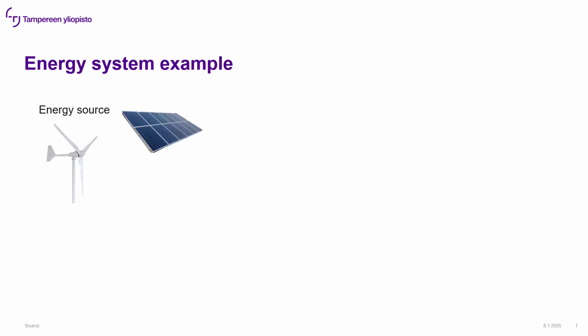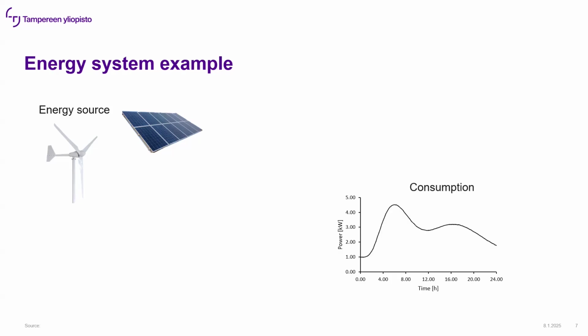So what they had is small scale wind and solar. I think that was somewhere around the 10 kilowatts range that they were producing. And I made up a consumption for it. I have a model in Excel, and I made up consumption. So that's made up of two, I think, beta distributions that I will use in there.